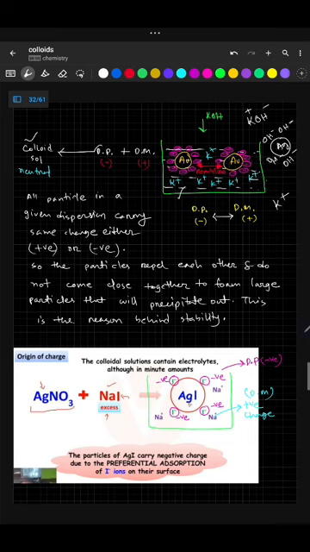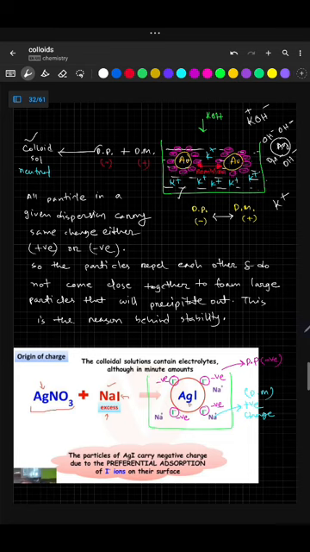So in this case, the precipitation doesn't happen because all the particles have the same ions. And remember very, very closely that same ions repulse each other. So this is the main reason behind the stability we get in the colloidal solution.